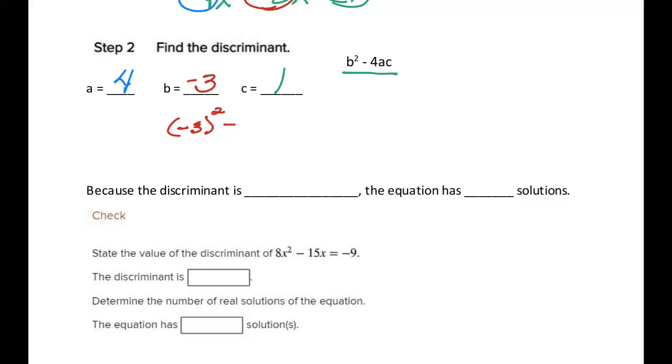Minus 4. That 4 is part of the formula. So is this minus. So is this 2. Times a. I'm going to put that in parentheses. And times c, which is 1.